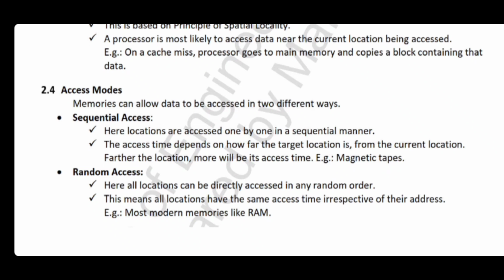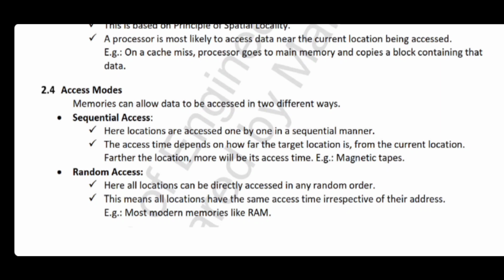Then random access. Here all the locations can be directly accessed in any random order. This means all the locations have the same access time irrespective of their address. Most modern memories like RAM. The random access means if there are 1 to 1000 addresses, then all addresses have the same access time.